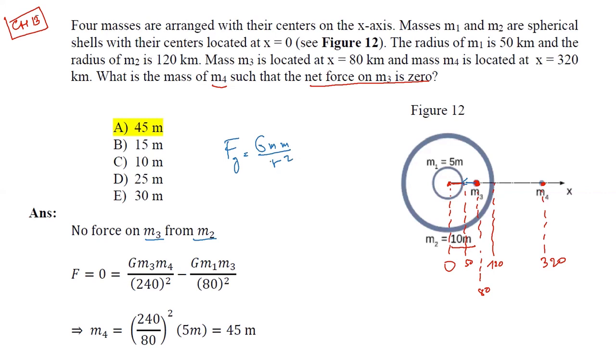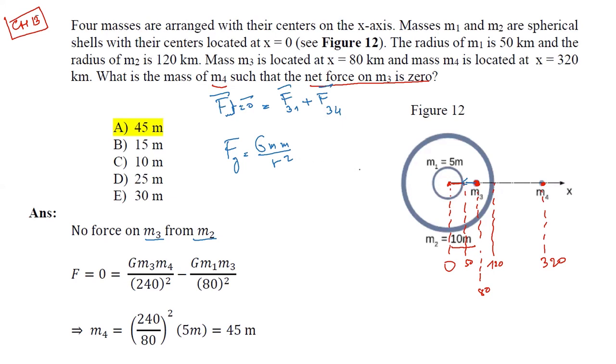So the net force should be equal to 0. Here I will have 2 forces, of course: F on 3 by 1, let me put it in vector form, plus F on 3 by 4.